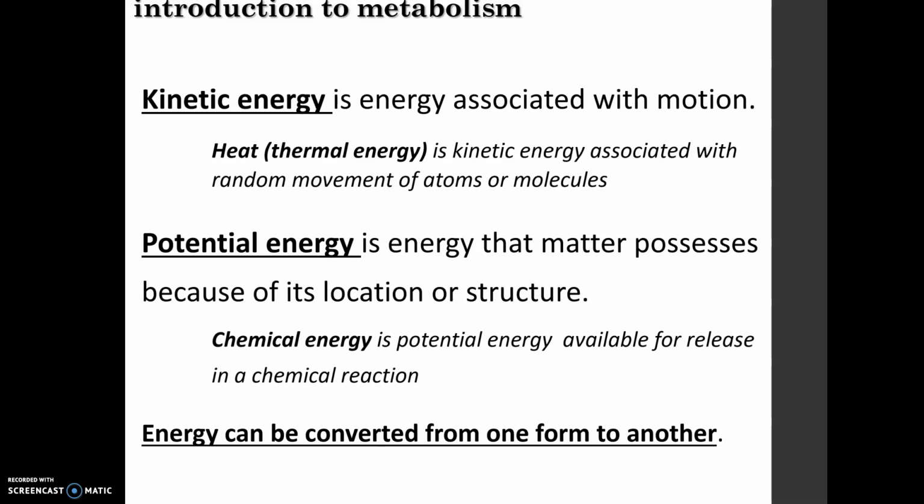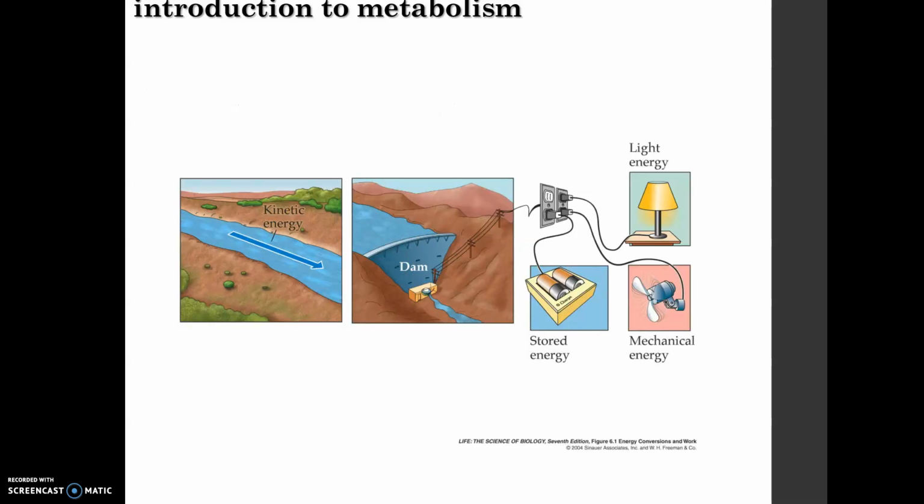Chemical energy is also part of potential energy, the potential energy available for release in a chemical reaction. You can convert kinetic energy to potential energy, but you cannot just create it out of anything. You can convert potential into kinetic, kinetic into potential, chemical into heat, all of those different types of things.